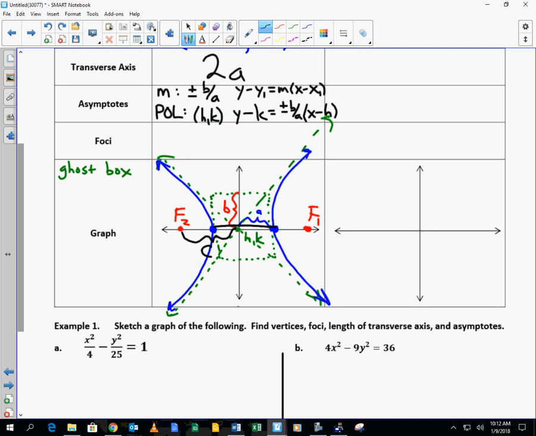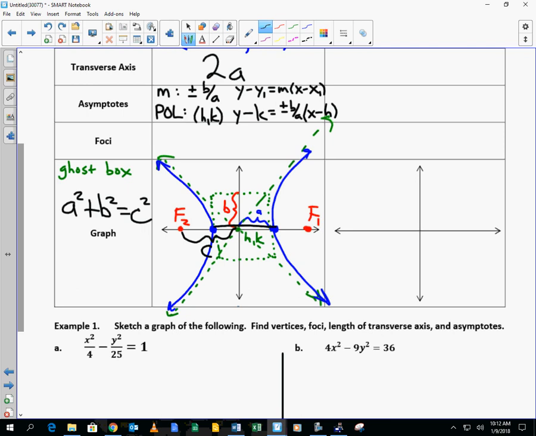Remember yesterday? We had to find c, right? For ellipses, what was our formula to find c yesterday? a squared minus b squared was c squared. Today, it switches to a squared plus b squared is c squared. The Pythagorean theorem is the formula that we use in order to find c.